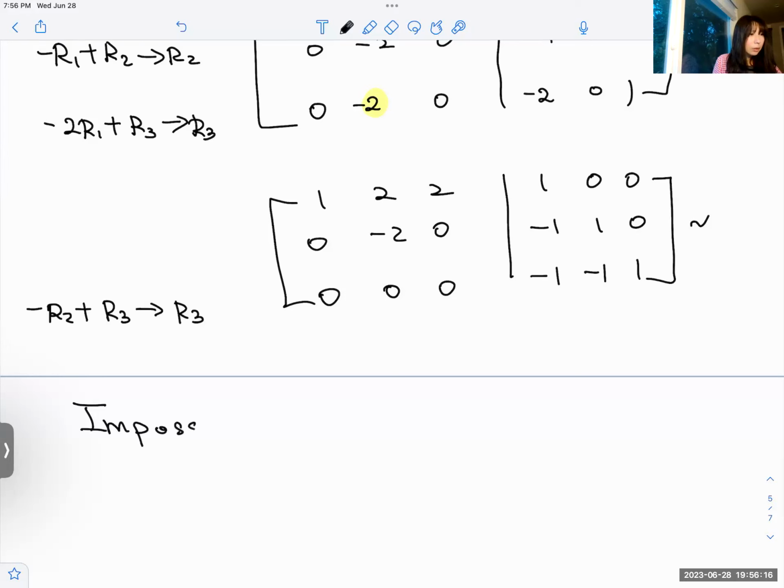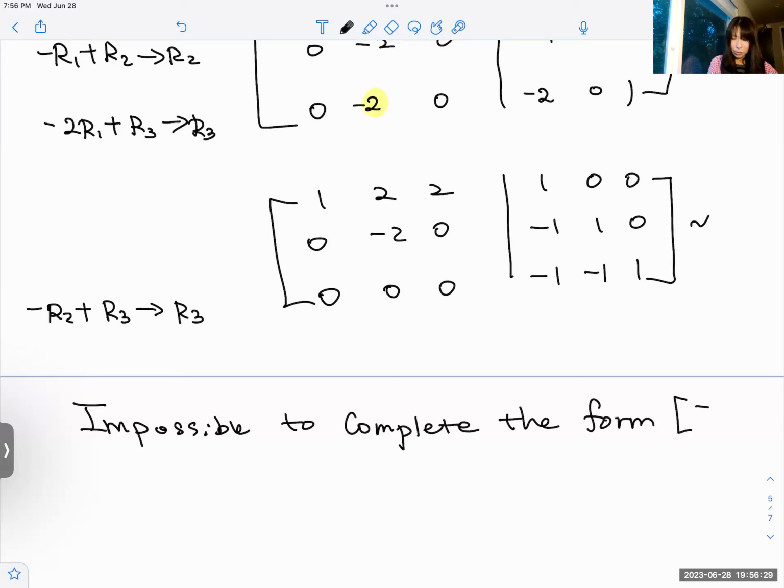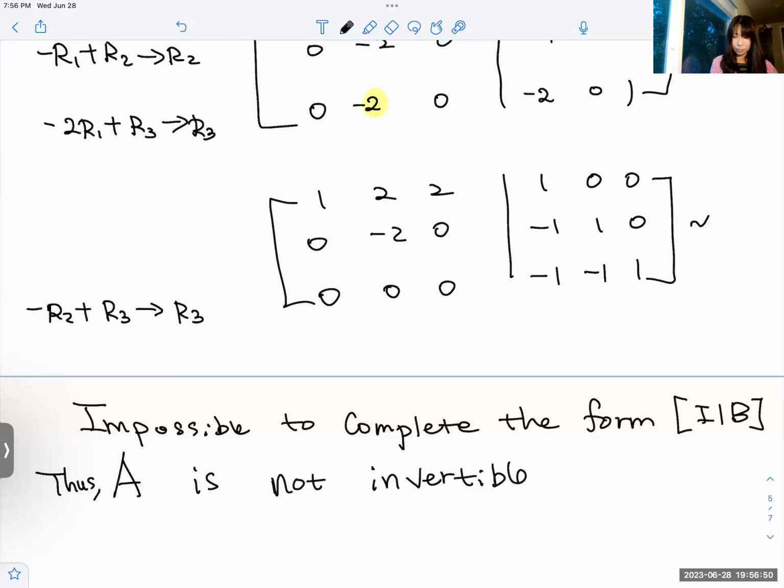Impossible to complete the form [I | B] by the definition, right? Because they said that if we cannot complete the form, then there is no inverse. Thus, A is not invertible. Okay, very good.